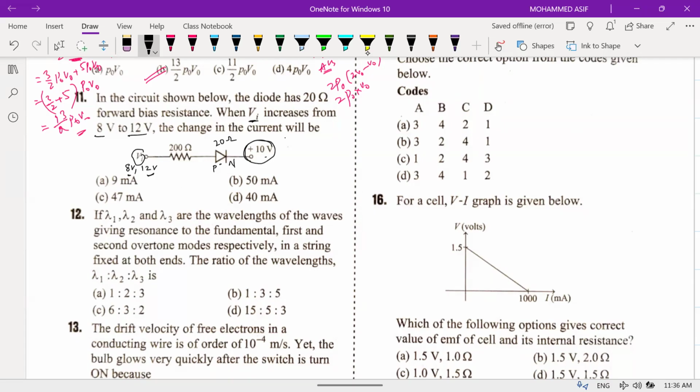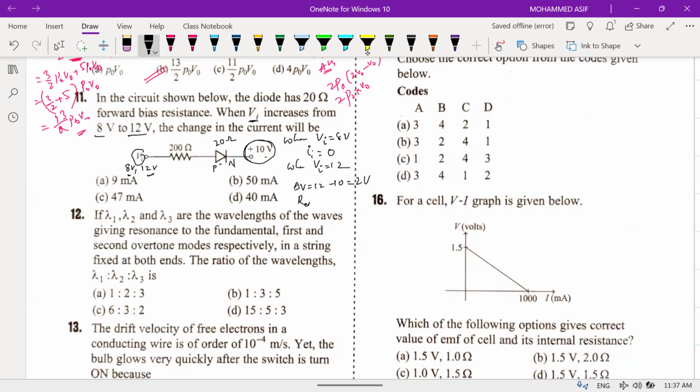So when the input potential is 8 volt, the initial current will be equal to 0. The same way, when the input potential is 12 volt, the input is greater than your output. So at that time, the change in potential will be 12 minus 10, that means 2 volt. In that case, the diode is in forward bias.